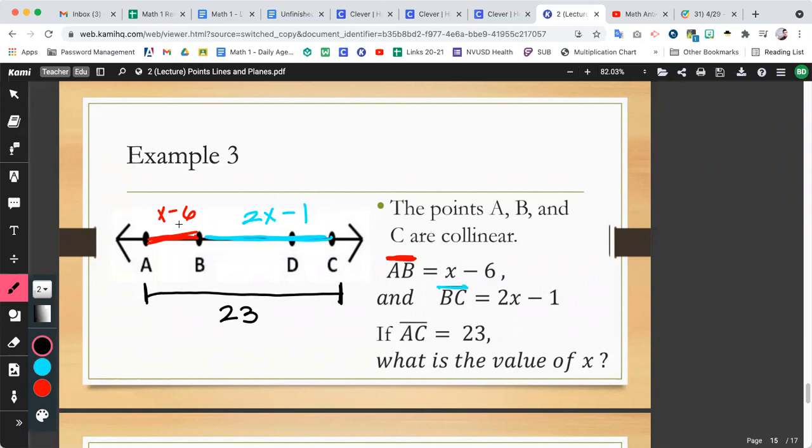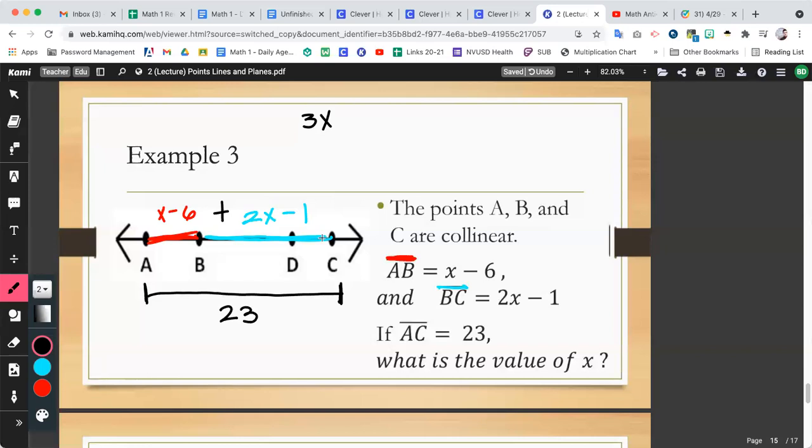Because we have some variables in here, we're going to have to make an equation. So let's add these things together. I have 1 red x and I have 2 blue x's. So how many x's altogether? 3. Then I have -6 and -1.